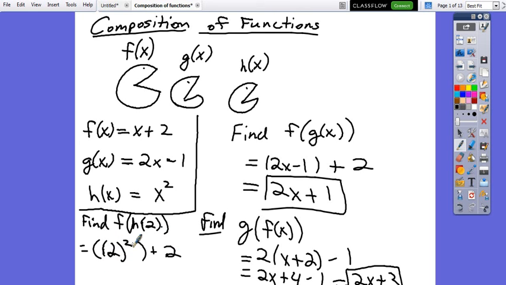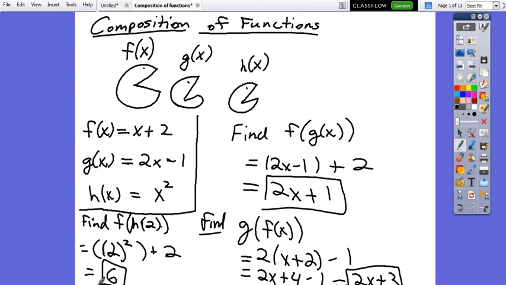Just a basic simplification problem now. 2 squared is 4, plus 2 is 6. So f of h of 2 is 6. When I plug 2 into h, and then h into f, I get 6. So this is composition of functions.